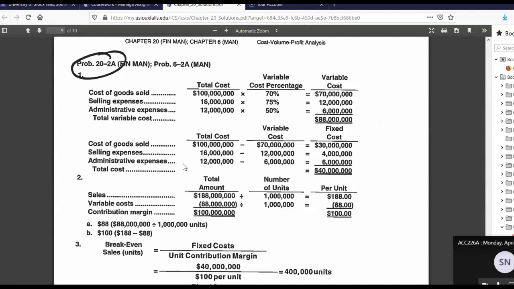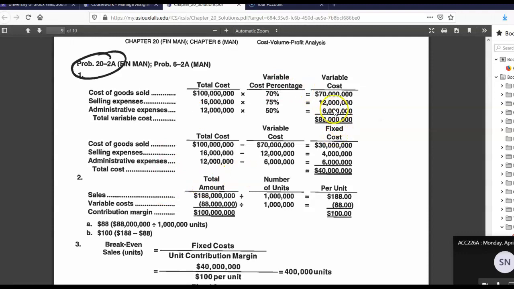So it just says here, number one, determine the total variable and total fixed costs. All we do here is take the totals that we see on our income statement. There's the 100 million and then there's the 16 and the 12, and we take them times the variable percentages and we get that cost.